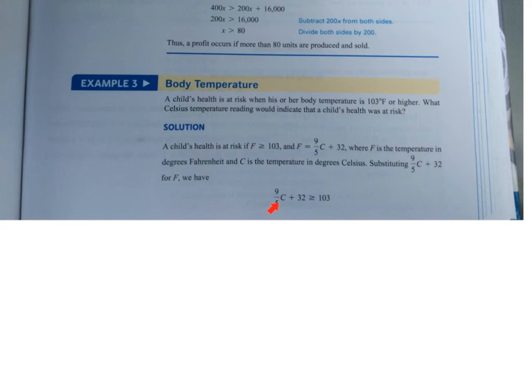So we're going to use this formula instead of F for Fahrenheit, and we're going to find out when that number is greater than 103. At what point is Celsius equal to or greater than 103? So they solve for Celsius, and they find out that Celsius is greater than or equal to 39.444 all the way into infinity.